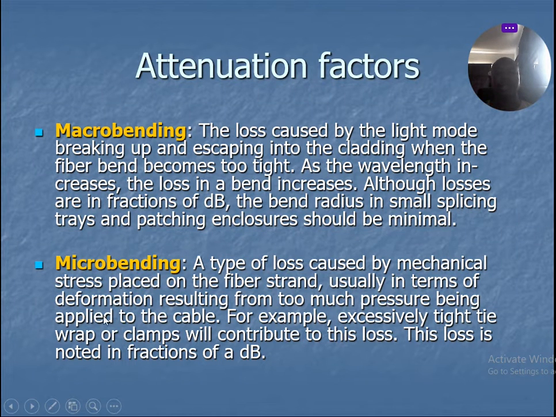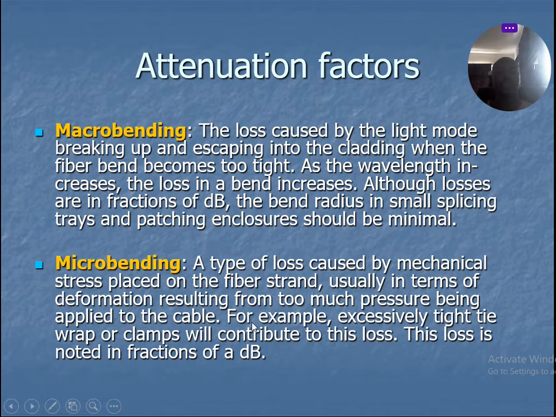Sometimes we don't know that we overstress it. So this kind of mechanical stress is placed on the fiber strand, usually in terms of deformation resulting from too much pressure applied to the cable. So when this type of stress is applied to a cable, the loss will definitely occur. For example, an excessively tight wrap or clamp will contribute to this type of loss.